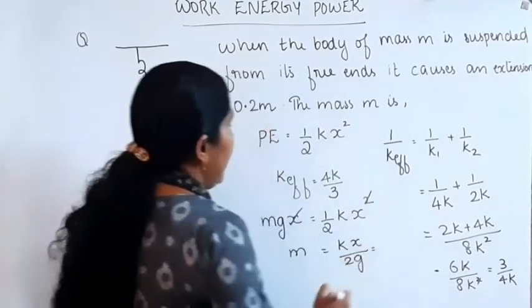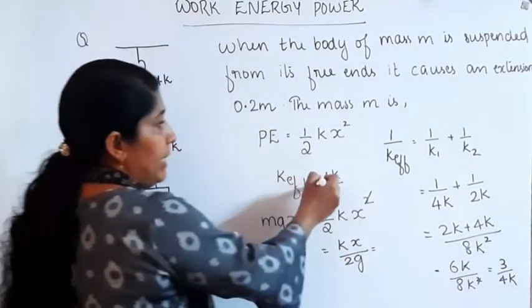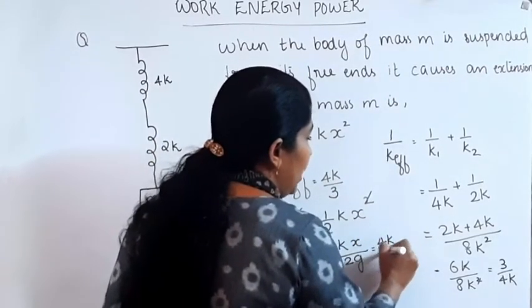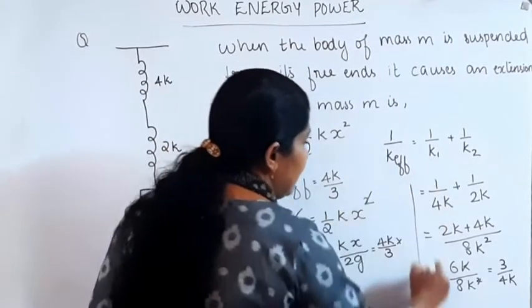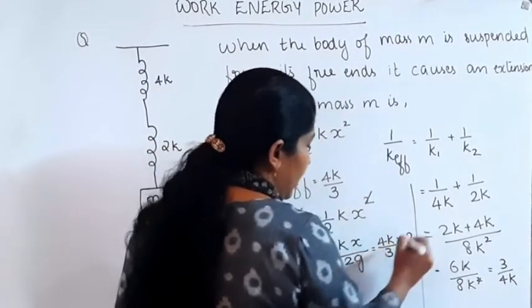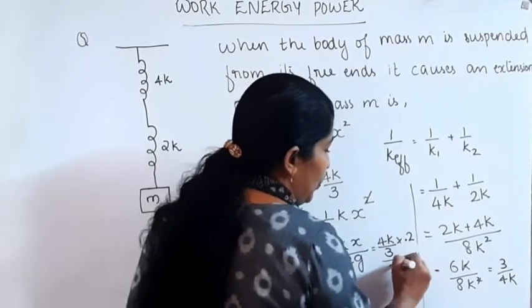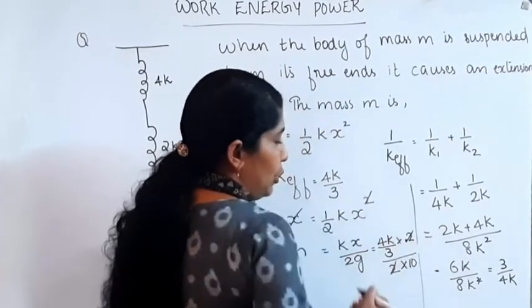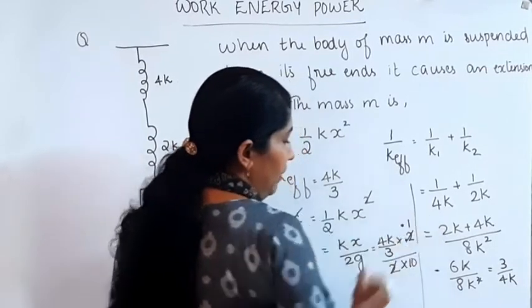Here k can be written as 4k by 3, 4k divided by 3 into x, where x is equal to 0.2, that is 0.2 divided by 2 into 10. 2 gets cancelled to 0.2, that's equal to 0.1.